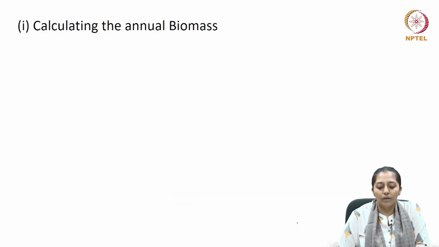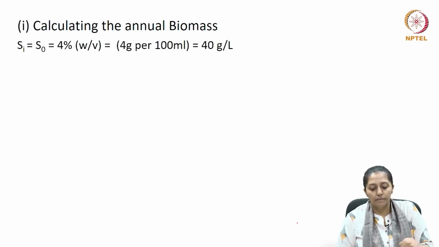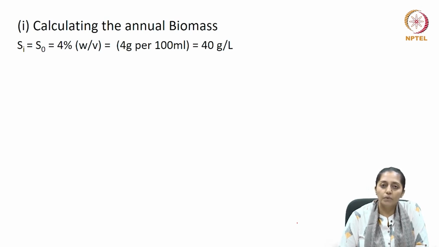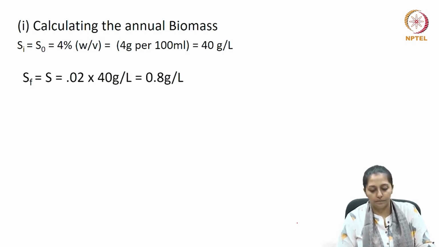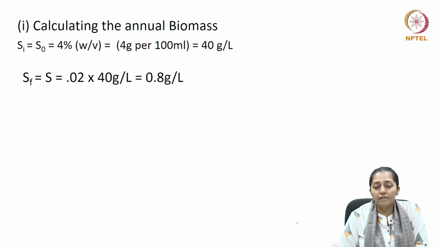Now, we need to calculate the annual biomass production. So, how do we do that? What is given to us? The initial substrate concentration, which I said corresponds to 40 grams per liter of methanol. Now, the final substrate concentration is also known to us, because if you remember the problem, it was given that 98% of the substrate is to be converted.